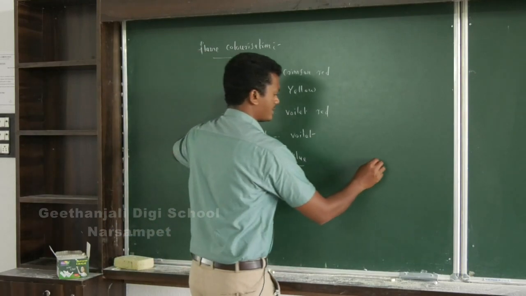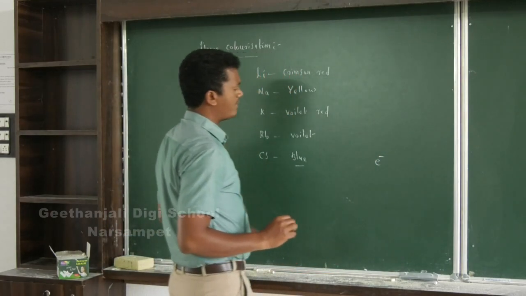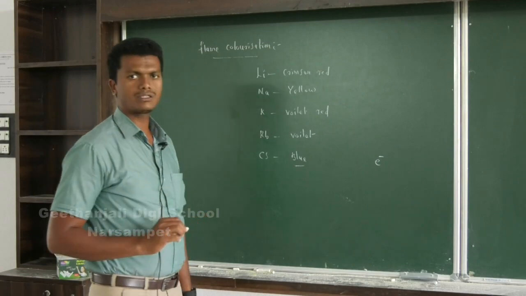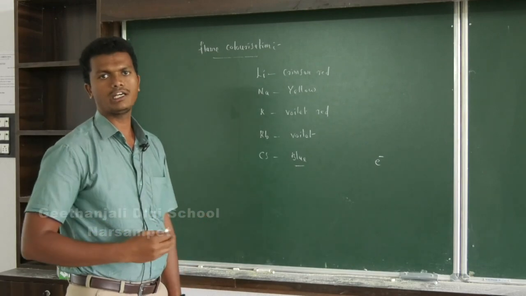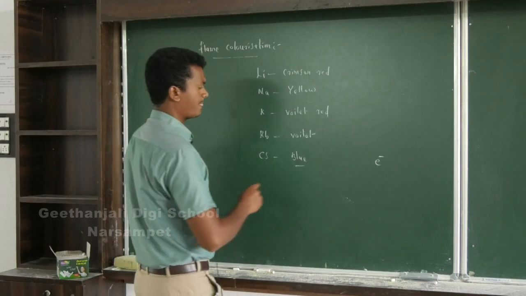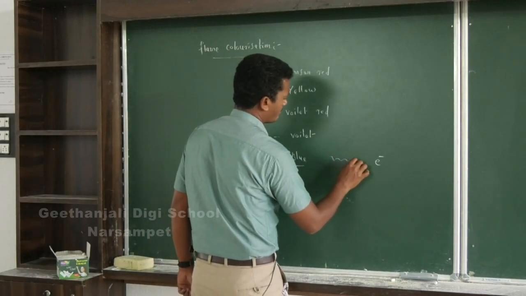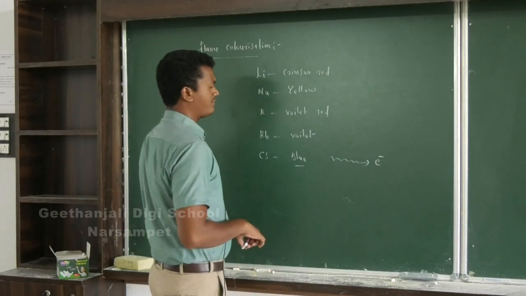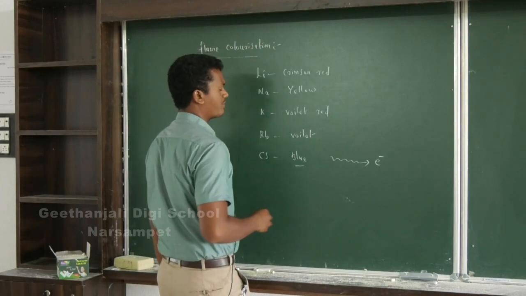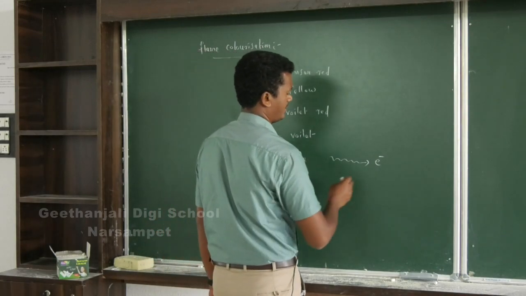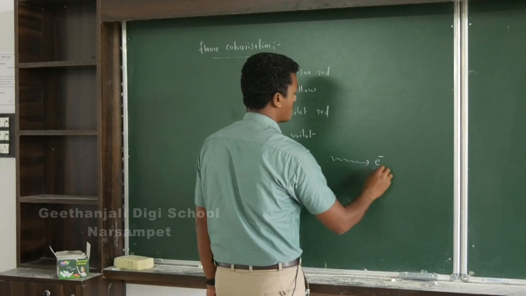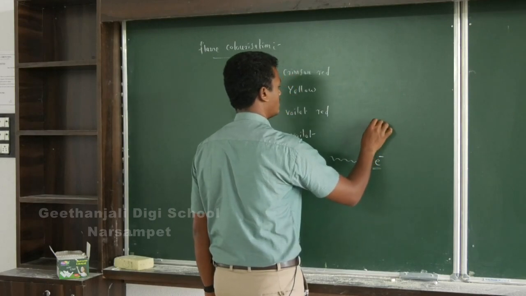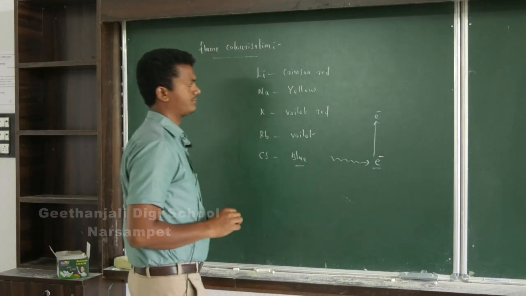We have one outermost electron in the last shell of these alkali metals. When we provide energy in the form of heat, the electron present in the ground level undergoes excitation.